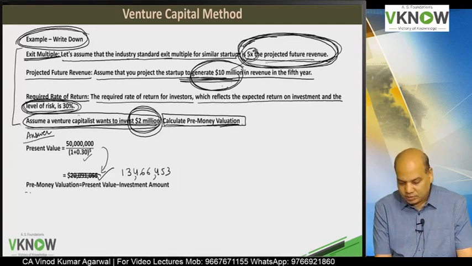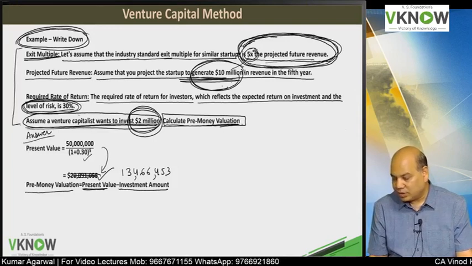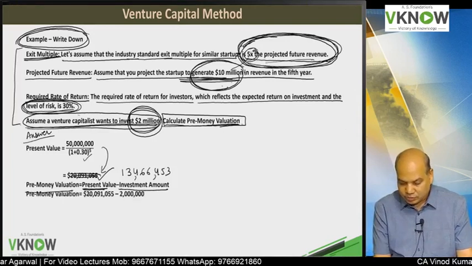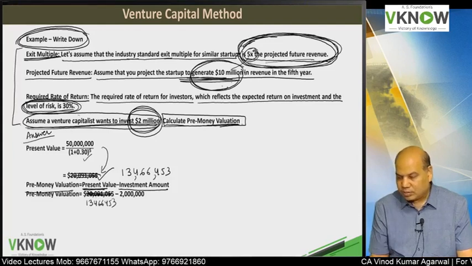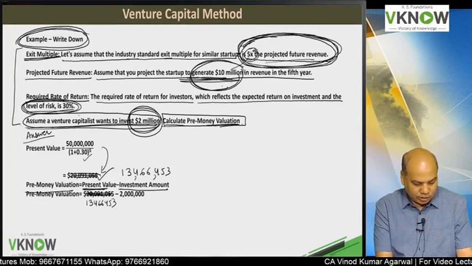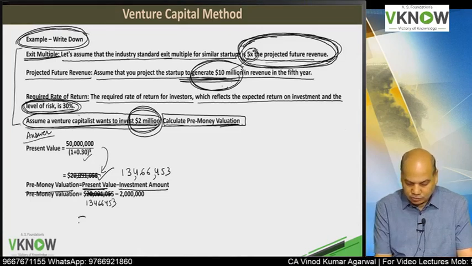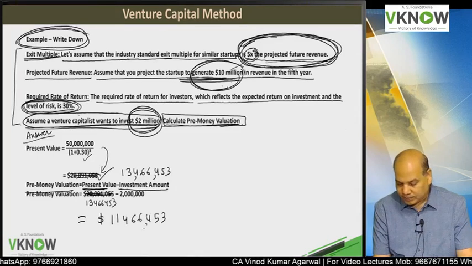Now write down pre-money valuation equal to present value minus investment amount. So present value is 13,466,453 minus 2 million, and that is equal to $11,466,453.